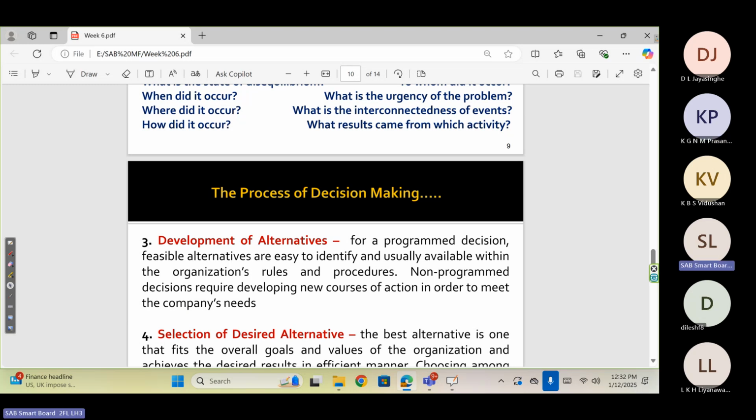Then different alternative solutions should be found. For program decisions, it is easy to identify the solutions. But for non-program decisions, it takes more time; it is very difficult to identify the solutions. But anyhow, irrespective of the nature of the problem, managers should try to find a solution.